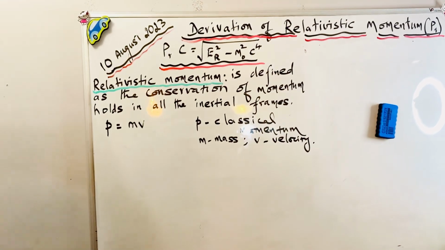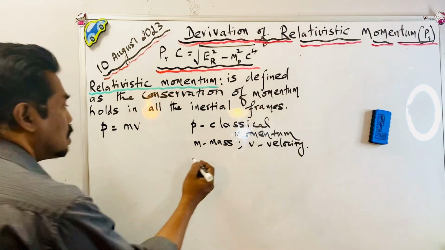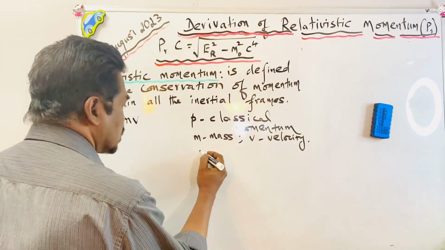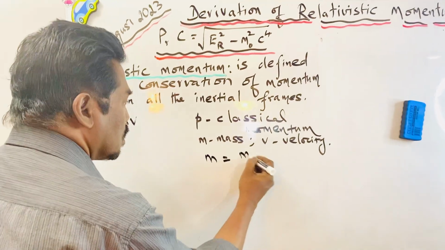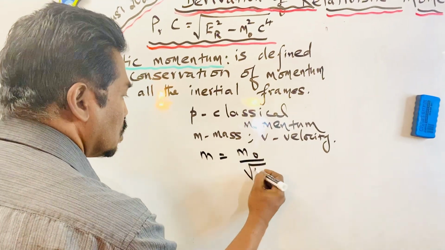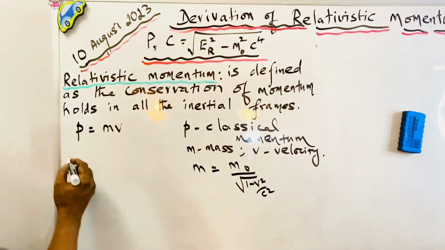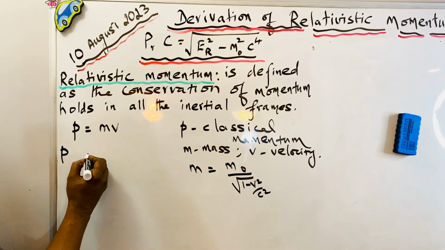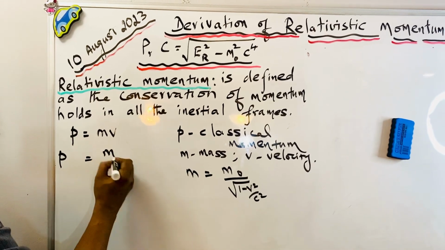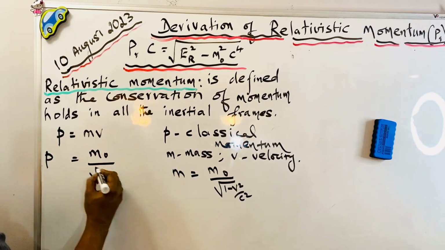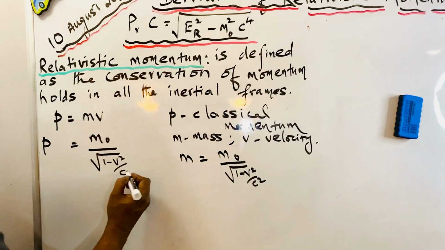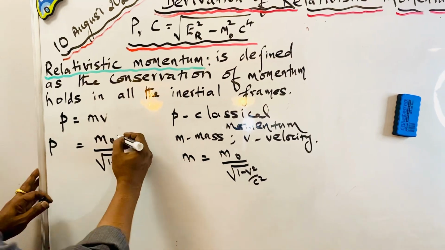Now we can replace the m by the relativistic mass. That means the rest mass m equals m0 over square root of 1 minus v square over c square. So P can be written as m0 over square root of 1 minus v square over c square, times v.